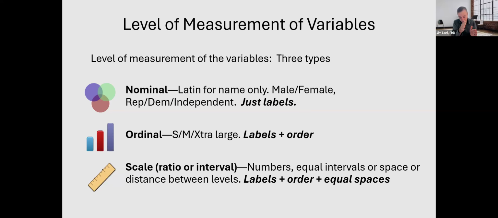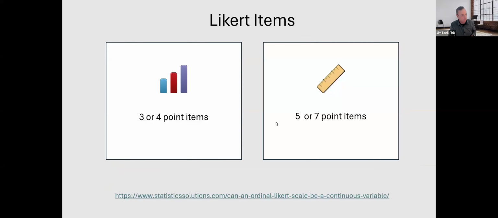They have an order, 2 after 1, 3 after 2, and they also have equal intervals in between. It could be equal volumes, 1 ounce to 2 ounce, 2 ounce to 3 ounce, 3 ounce to 4. It could be 1 inch to 2 inch, things of this sort. So just know certain tests only allow certain levels of measurement. Thus, you need to know what levels of measurement are.